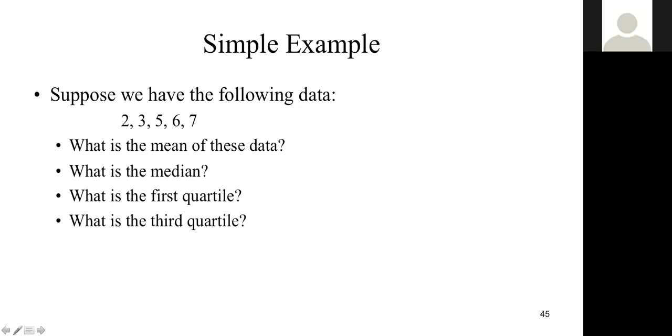For the median, we calculate (n plus 1) divided by 2, where n is the sample size. So n is 5, and (n plus 1) divided by 2 is 3. That's an integer, so the median will be the third sample. Don't forget to arrange the sample items from the smallest to the largest first. So the third one is 5.